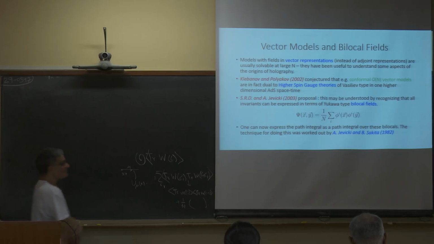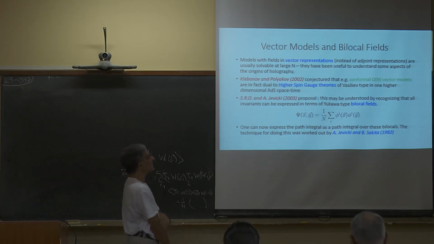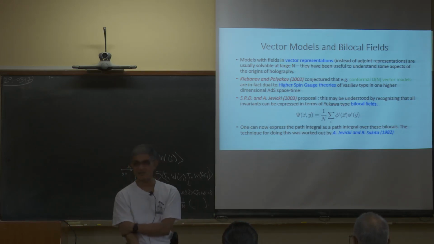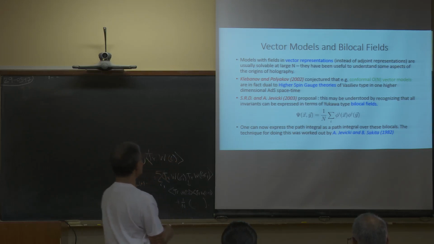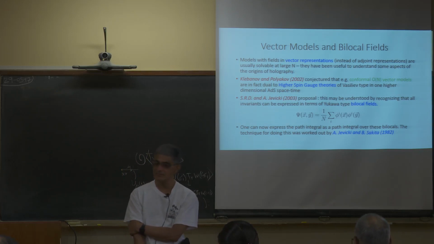From this point of view, models with scalar fields, for example fields in the vector representation instead of adjoint representations like the matrices, are usually solvable at large N. There are also things like Chern-Simons theories, which are topological theories.